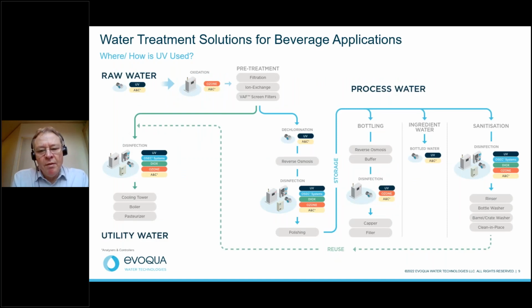So where might we see UV located in a typical bottling plant? First, it's in the raw water of the factory inlet. This would very much especially be the case if the raw water source is a private source, such as a borehole, maybe not mains water, but even from municipal supplies, an additional disinfection step quite often would be taken, especially if the water source is variable in quality and especially if it is demonstrated to have previous issues.